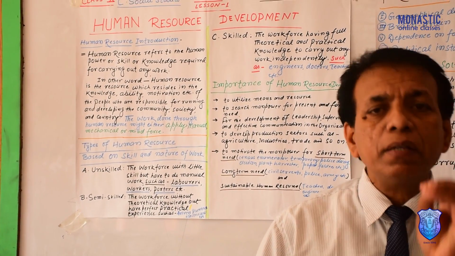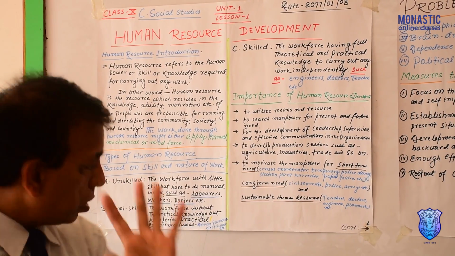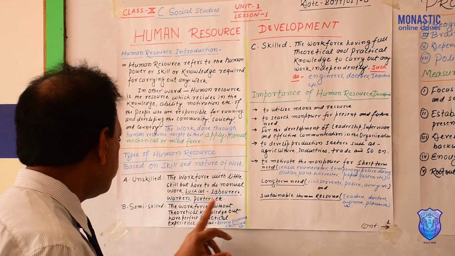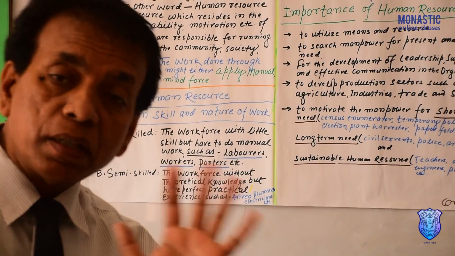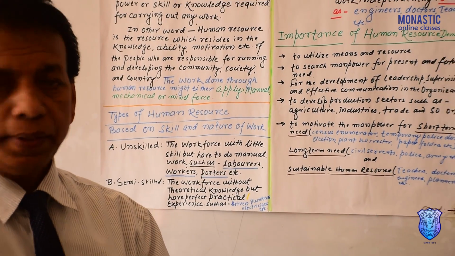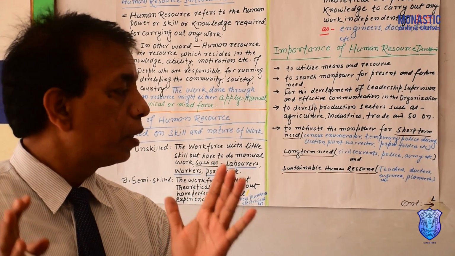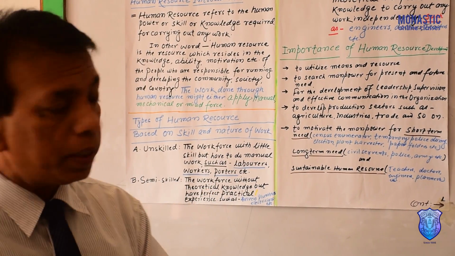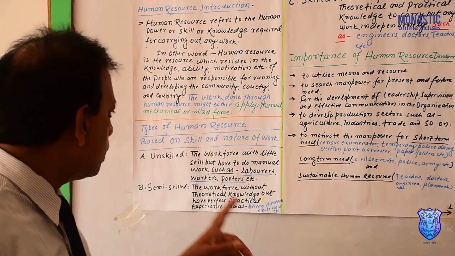They have some little knowledge through which they can do work such as labor, worker, porter, and various other works. Such manpower is also very important for the country's betterment and development work. We can note this down.